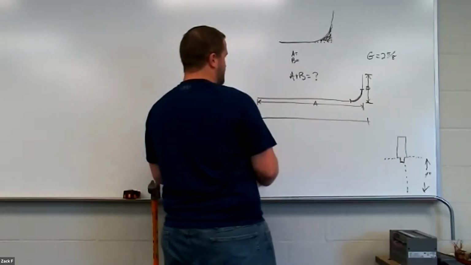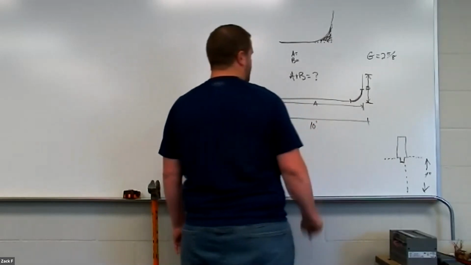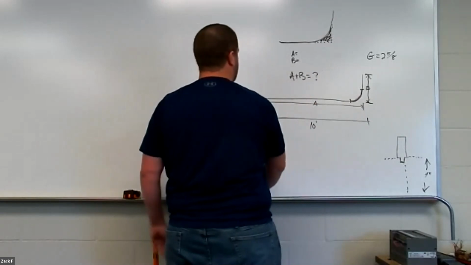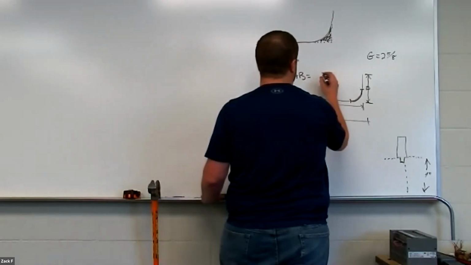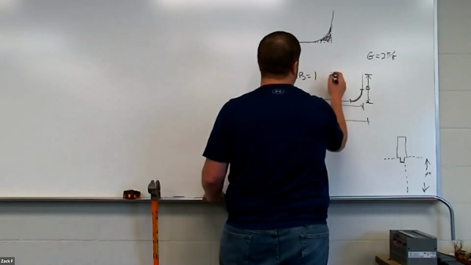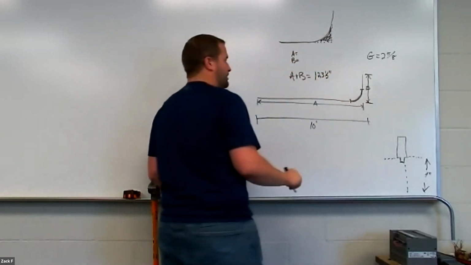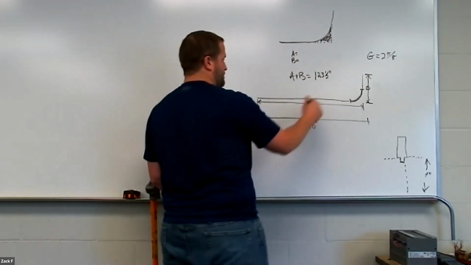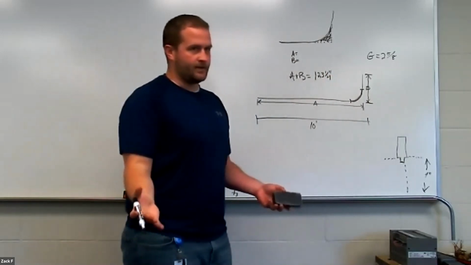If I told you this was a 10-foot piece of pipe, and I told you A plus B is 123 1/4 inches, what would the gain be for this bender? 3 1/4 inches. 3 1/4, yeah. Right, you understand that?